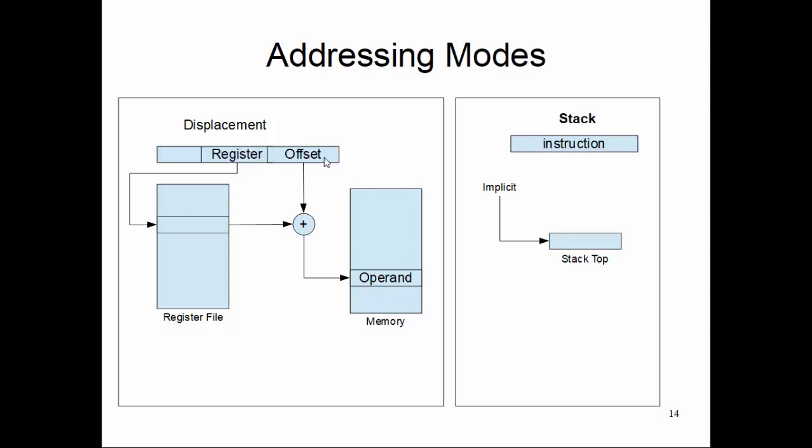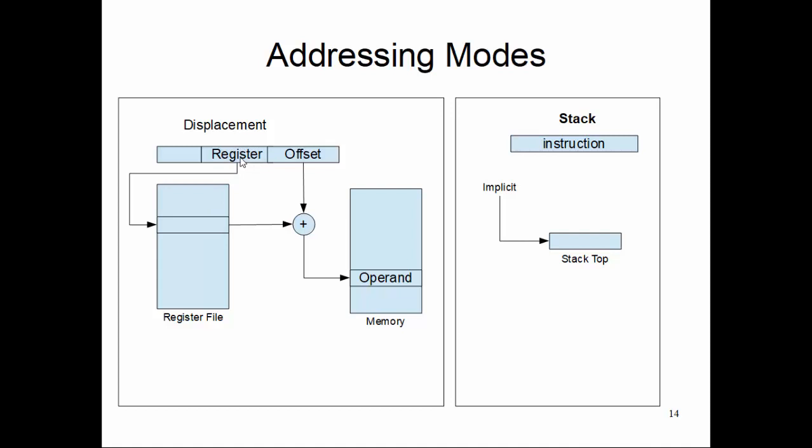This offset can be negative or positive. When executing and accessing that operand, the processor will first access the register file to retrieve the content of the register referenced in the machine code.